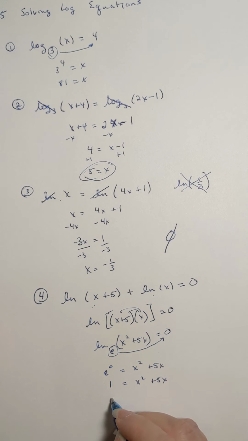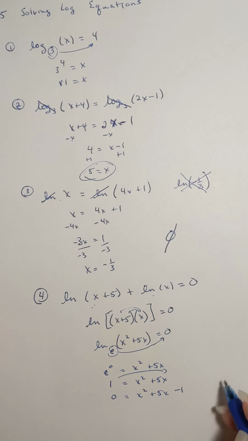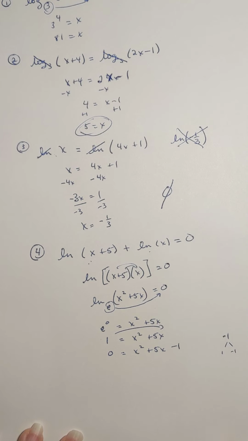So I subtract 1 from both sides, changes sides, changes signs. And this one I can't factor because it only factors with 1 and negative 1, and I can't add those to make it 5. So I'm going to have to use the quadratic formula here.